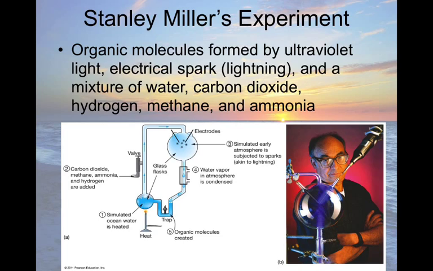He put them in sort of a broth. He took simulated ocean water, salty water, and heated it so that everything was moving around. He also exposed it to sparks of electricity. You can kind of see them right here. It looks like one of those globes Mr. V has, that spark when you touch it. This was supposed to simulate lightning.